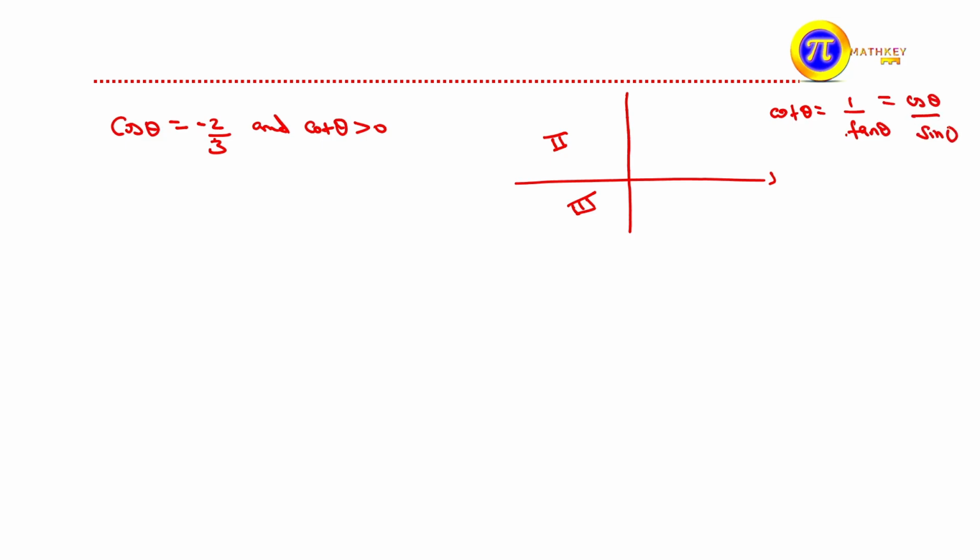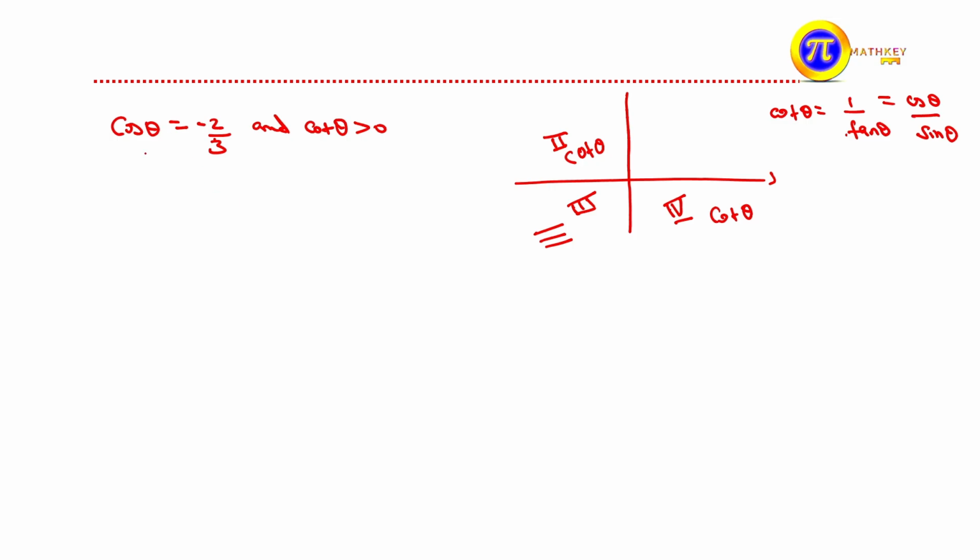It is positive in the first and third quadrants, and negative in the second and fourth. So cot theta positive means we are in the third quadrant.